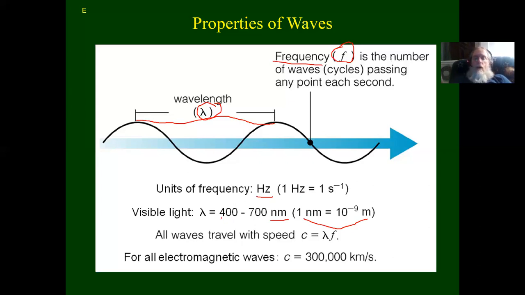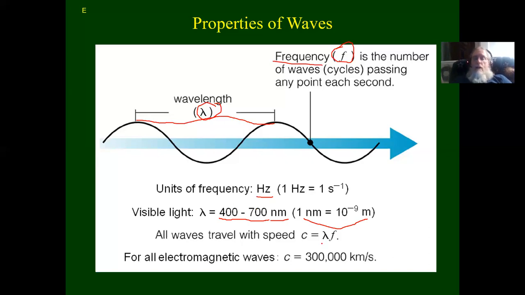But also, not only are they only a few hundred nanometers, but the range is very small. Visible light only varies from about 400 to about 700 nanometers, which is a quite small range. That's less than a factor of 2 variance, and that's all our eyes can see.